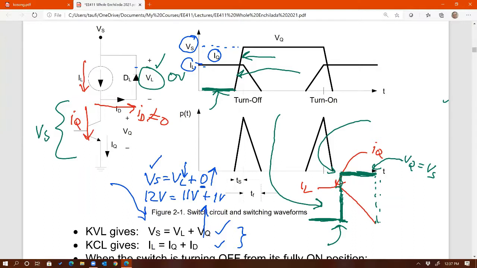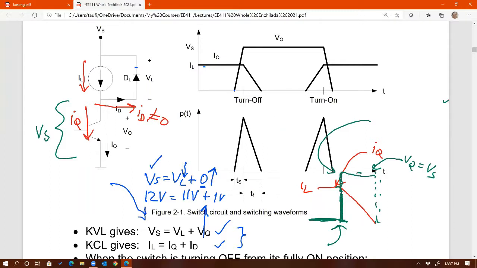No? All right. I'm going to erase this so that I can use it again for explaining other things. So now, if you agree with this switching waveform, this one right here, and not the one I'm going to erase, which is not realistic, because voltage cannot jump instantaneously right there.